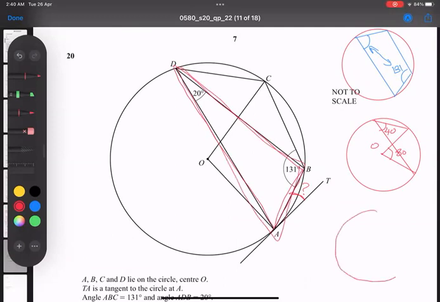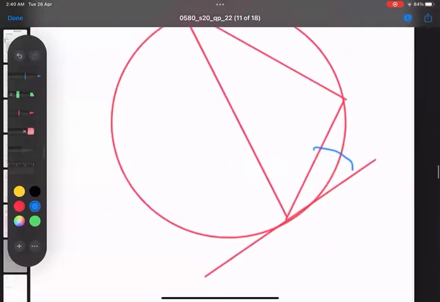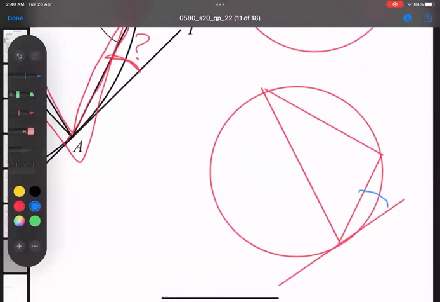Okay, I'm going to show another property, and I hope you will understand. Whenever we have one tangent and one triangle, for example this and this, I'm going to show you this angle. Look, this angle X and this is the same angle.